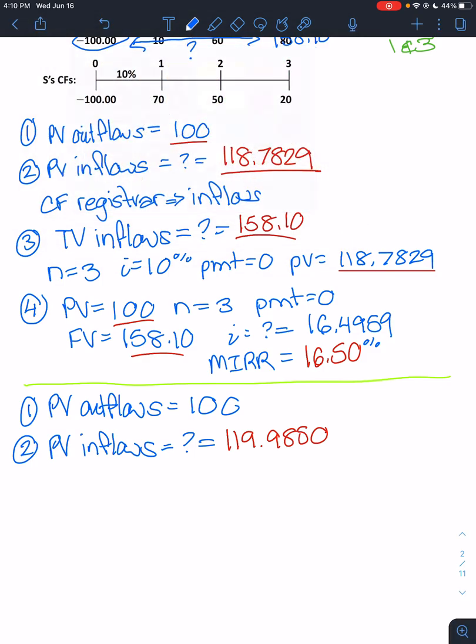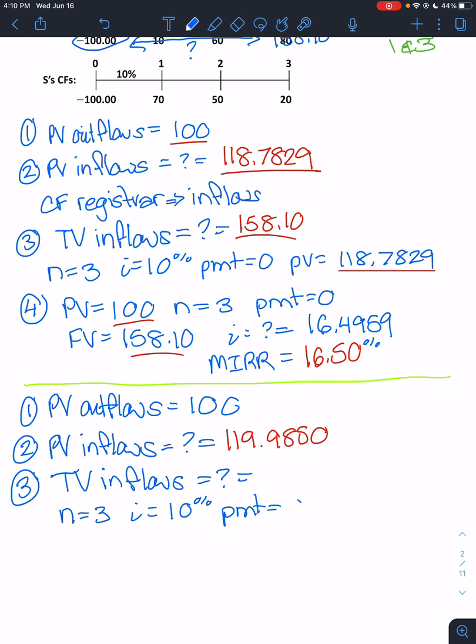I'm going to use that number now, right? Because I use every number once. So I'm going to find the terminal value of my inflows now using that 119 number. So again, N equals 3, I equals 10, payment equals 0. Present value, I'm going to use that 119.985.